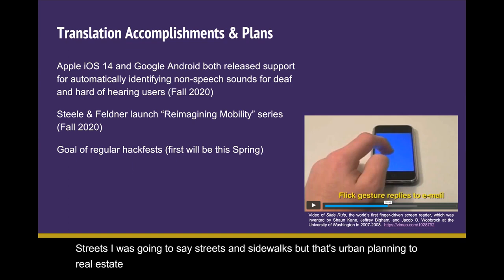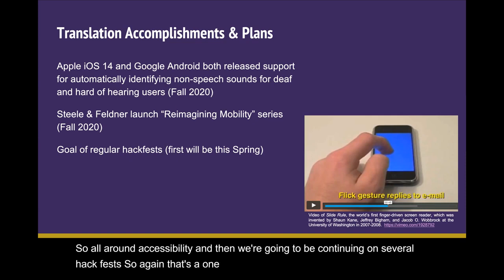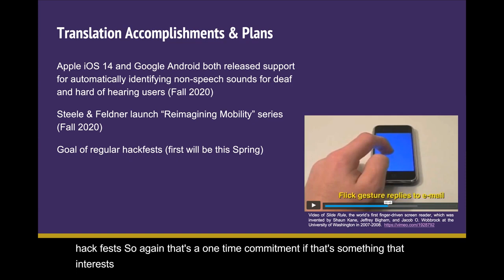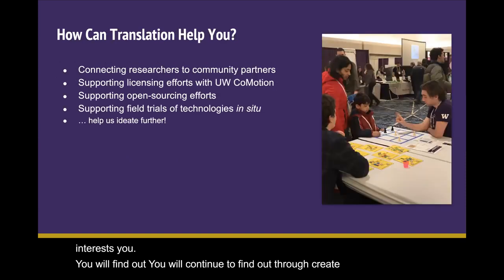That's another example of one of the topics that we did last year. So all around accessibility. And then we're going to be continuing on several hack fests. So again, that's a one-time commitment. If that's something that interests you, you will continue to find out through the CREATE Slack channel.